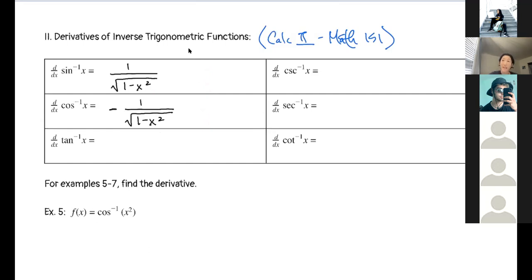All right, the inverse tangent one, 1 over 1 plus x squared. What do we think the inverse cotangent one is?